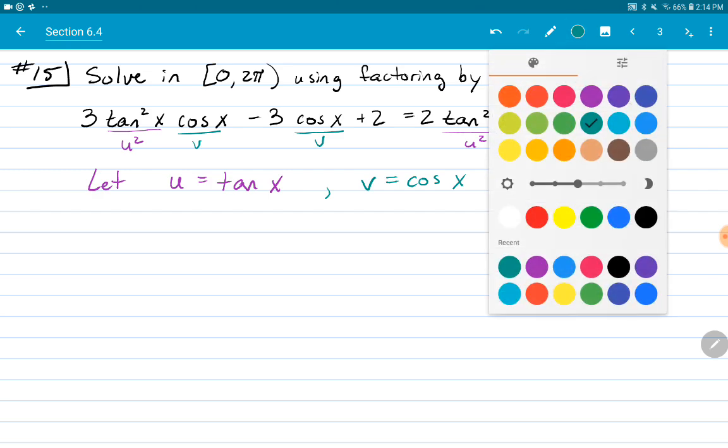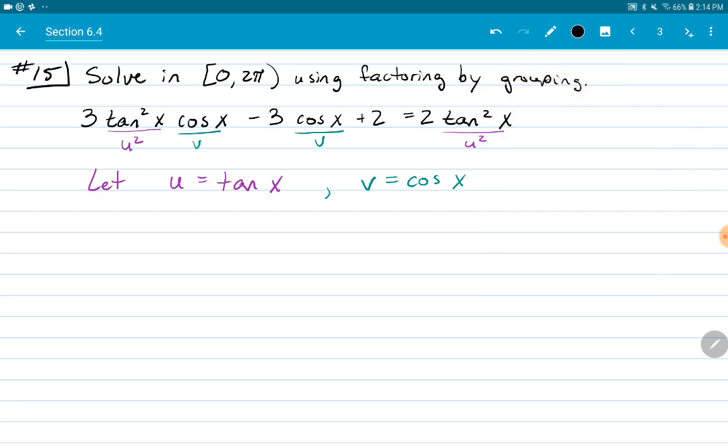So I'm just going to copy everything else down in black. So I have 3 u squared times v minus 3v plus 2 equals 2 times u squared.